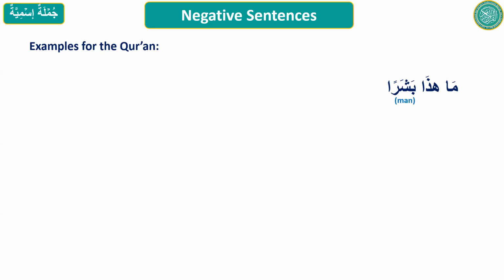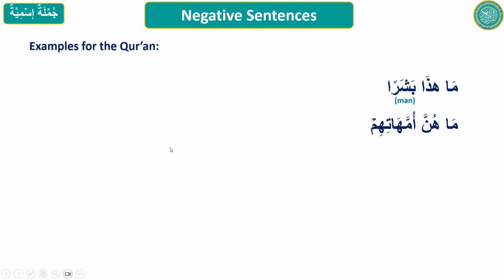It didn't do anything to haza. Haza was the mubtada, right? So it doesn't make any change to the mubtada, and it is still in rafa status. And basharun became basharan. And as Umar correctly translated it, it means this is not a man. Okay, this is in Quran, by the way.